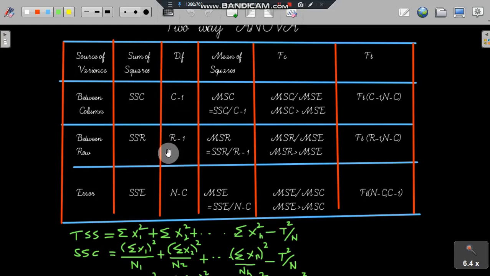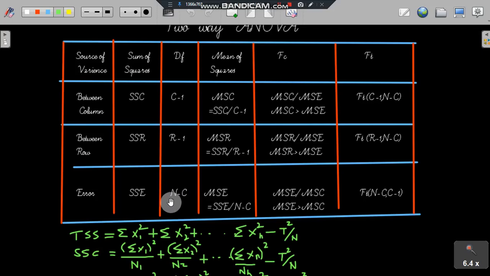To find the homogeneity between the rows, the degrees of freedom for rows is r minus 1, and the last one is n minus c, where n means the number of observations.